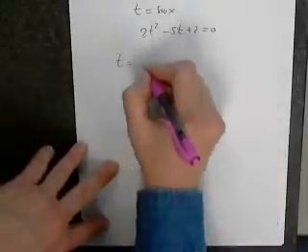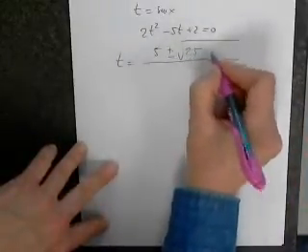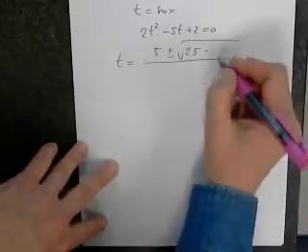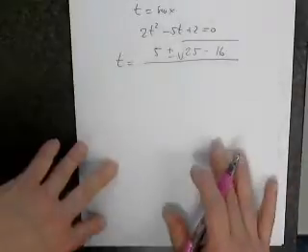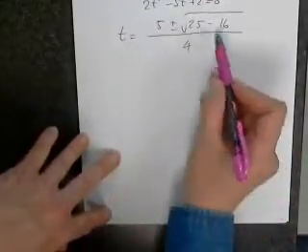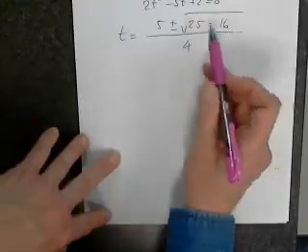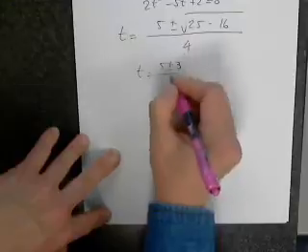Sure. So t equals negative b plus or minus the square root of b squared minus 4ac, 4 times 2 is 8 times 2 is 16, divided by 4, or 2a, in other words. So 25 minus 16 is 9. When I take the square root, I get 3. So 5 plus or minus 3 divided by 4.